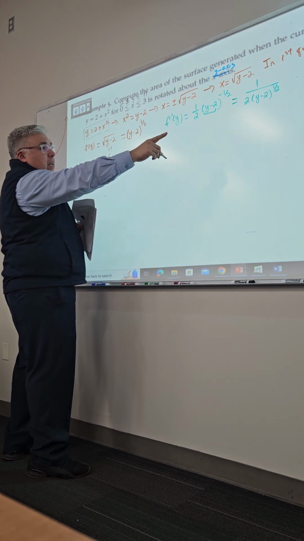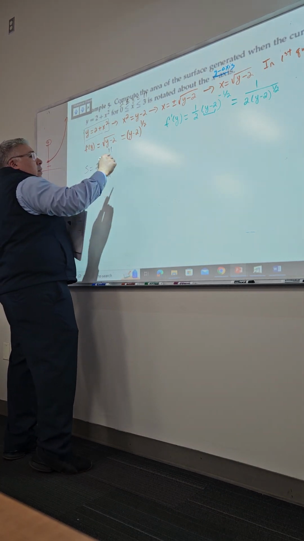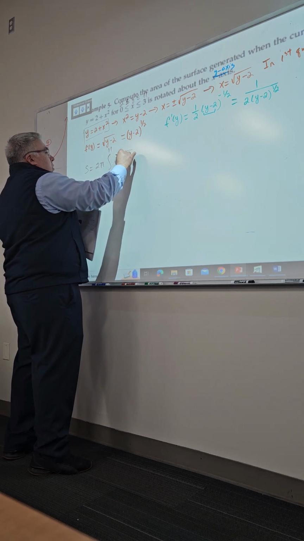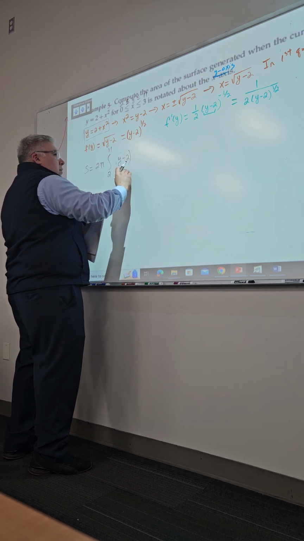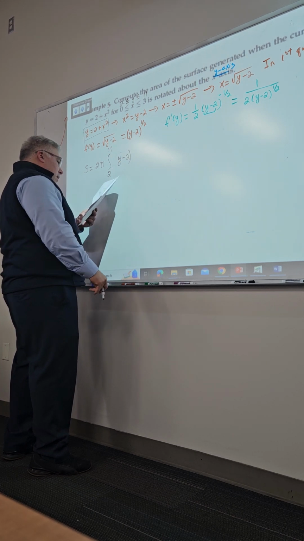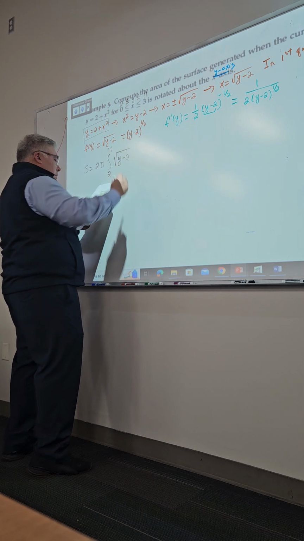And then what's the formula say? The radius is your function, it's your curve. All right, it's gonna be the radical y minus 2. Oh, y minus 2 to the 1/2. No, right? Gotta keep it as, no, I kept it as a radical. Let me keep it as a radical. I can't make up my mind, class, I apologize. That's why I have to have my notes.